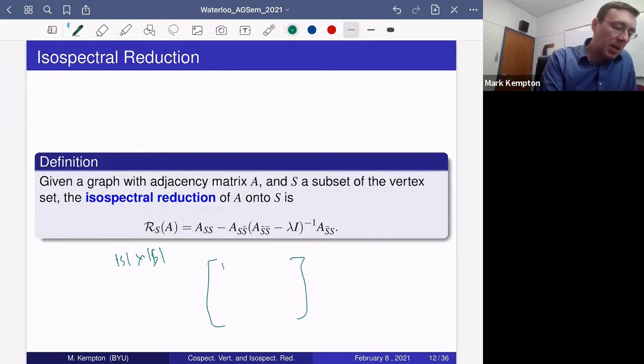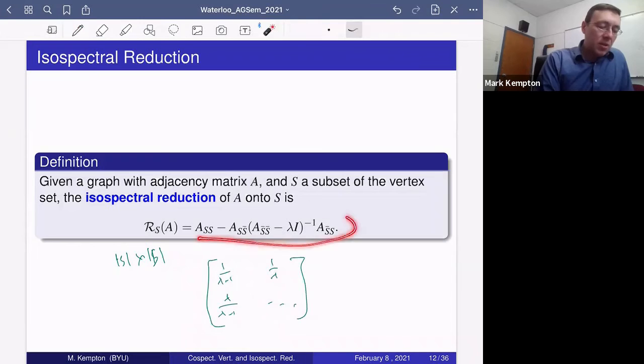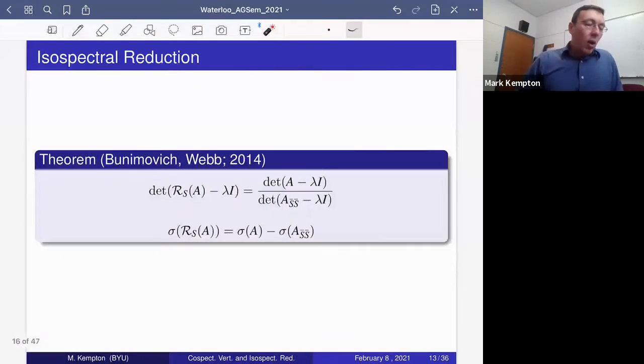You might get entries that look like this, or they might be very complicated, but the result is going to be some smaller matrix whose entries are rational functions in this variable lambda.